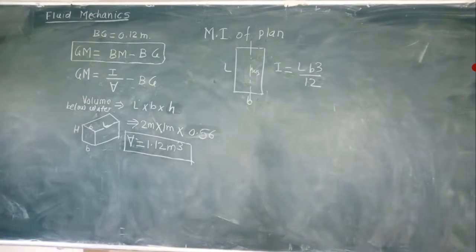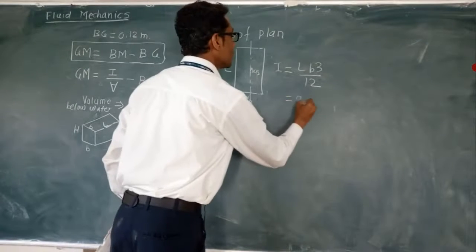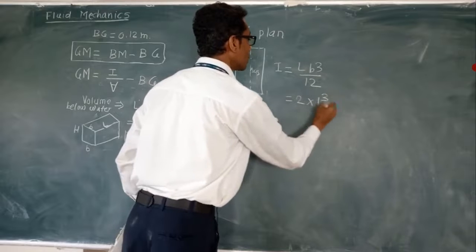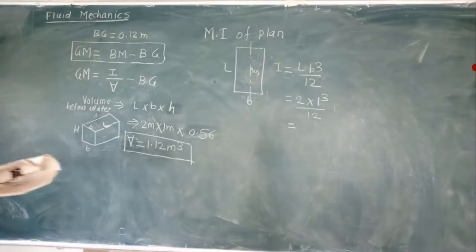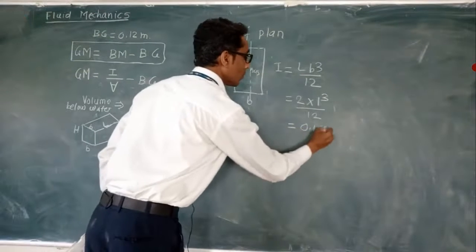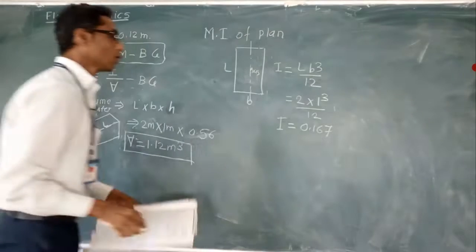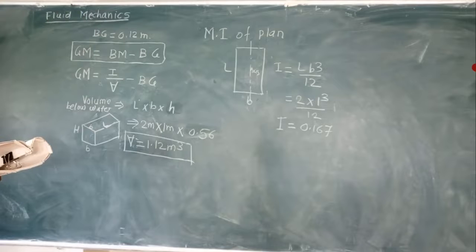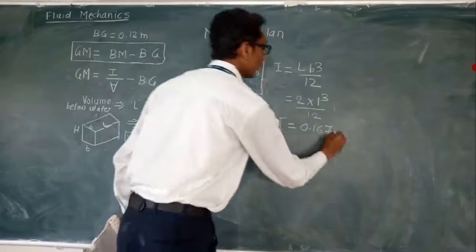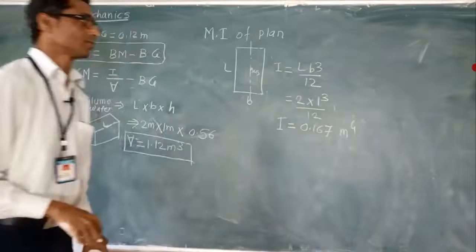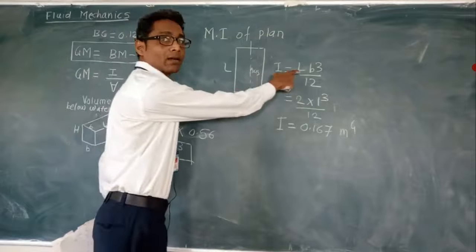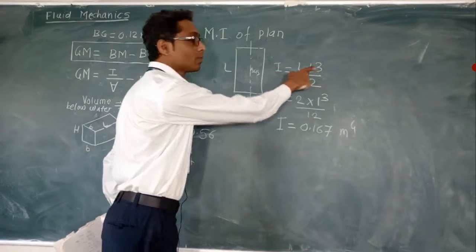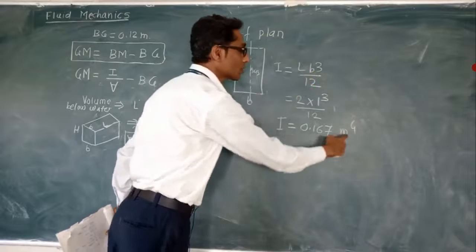Now put the values. L is 2 meter, width 1 meter, so 2 into 1 cube by 12. 2 divided by 12 comes to 0.167. The unit of moment of inertia is m raised to 4. Why? L is meter, B cube is meter cube, meter into meter cube is meter raised to 4.